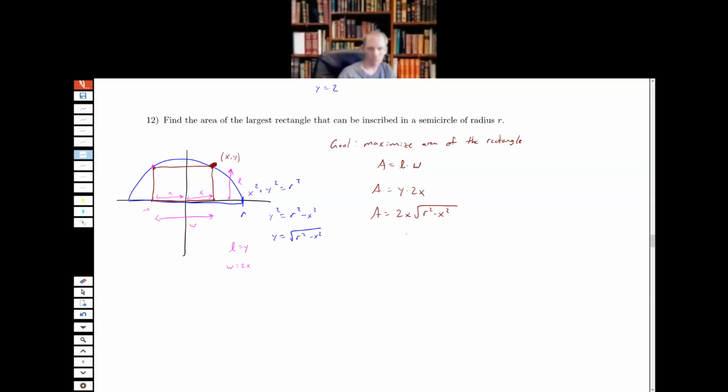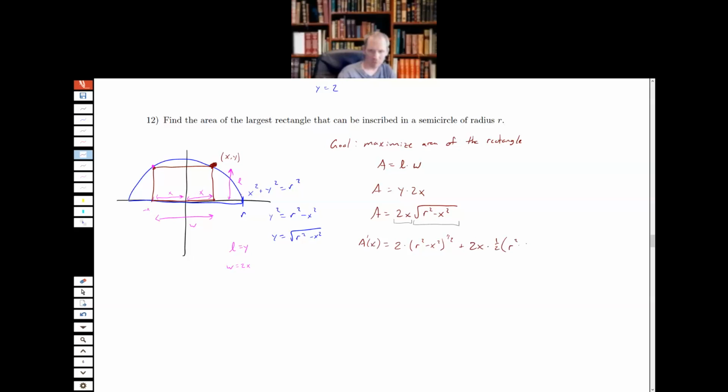So we have a function of one variable now, so we can differentiate it. I'm going to use the product rule because I have a product here. So the derivative of 2x is 2 times this square root left alone, write it as a half power, plus 2x left alone times the derivative of that square root.